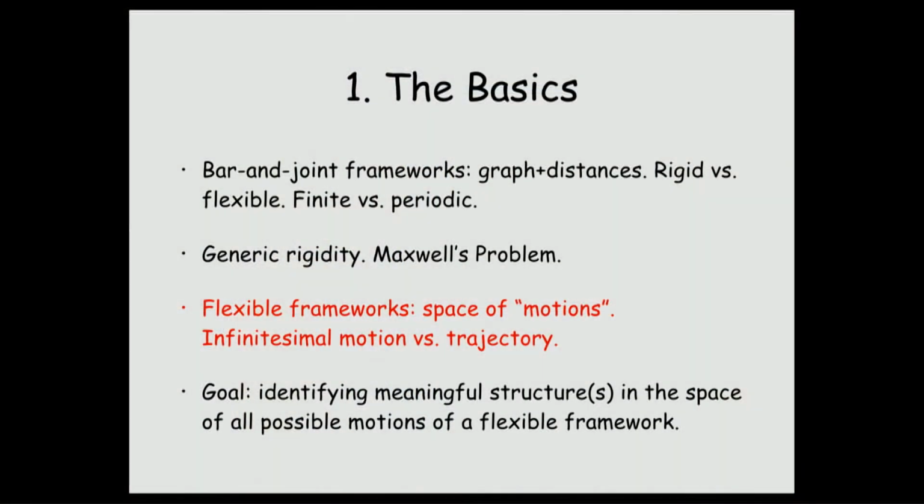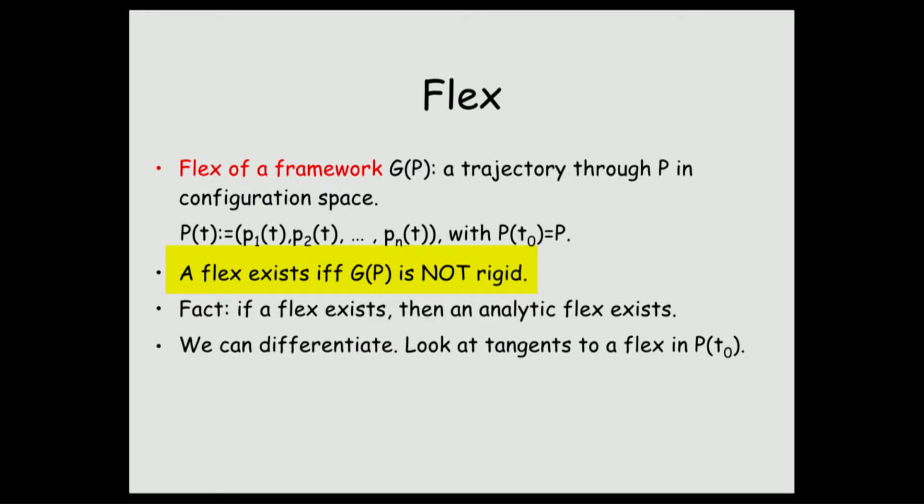So let me now move to flexible frameworks. So what is a flex? It's a trajectory. So you have a graph with a placement or a realization, and the trajectory, it's a curve that contains p.